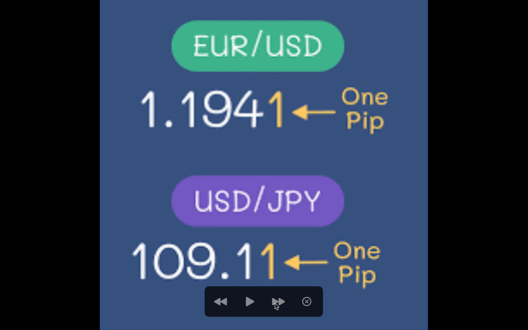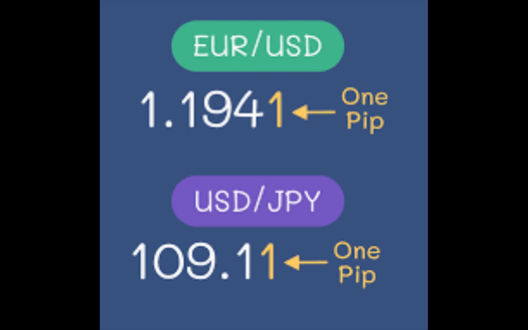So a pip is the fourth decimal place on a quote. A quote is this, which is the USD, the dollar, while the base is the euro. This is a base and this is a quote. You can never trade a currency on the forex market without it being paired.